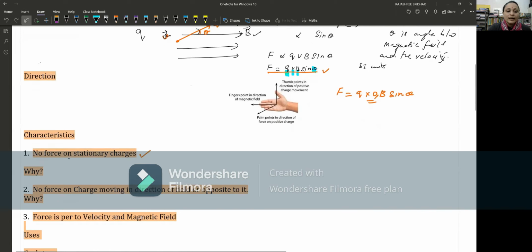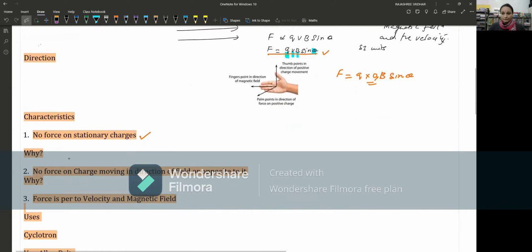Right? Now, if you have a charged particle and this charged particle is moving, it has a velocity. If it moves in a direction opposite to that of the magnetic field, see, I have the magnetic field in this direction as per the diagram, and the particle is moving opposite to the field.